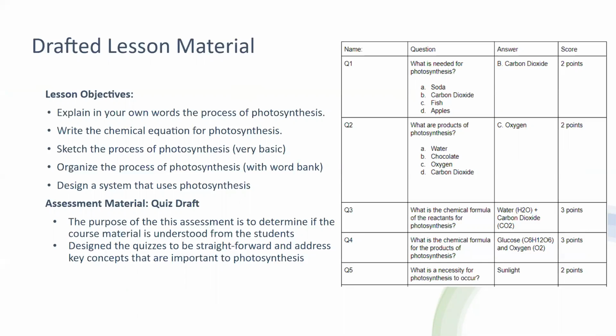On the right, you have sample questions, and these questions are very straightforward, and they should cover the core points of photosynthesis. I didn't want to have a complex question because I just want to be very straightforward with the students, and I just want it to be a you-know-it-or-you-don't type deal.